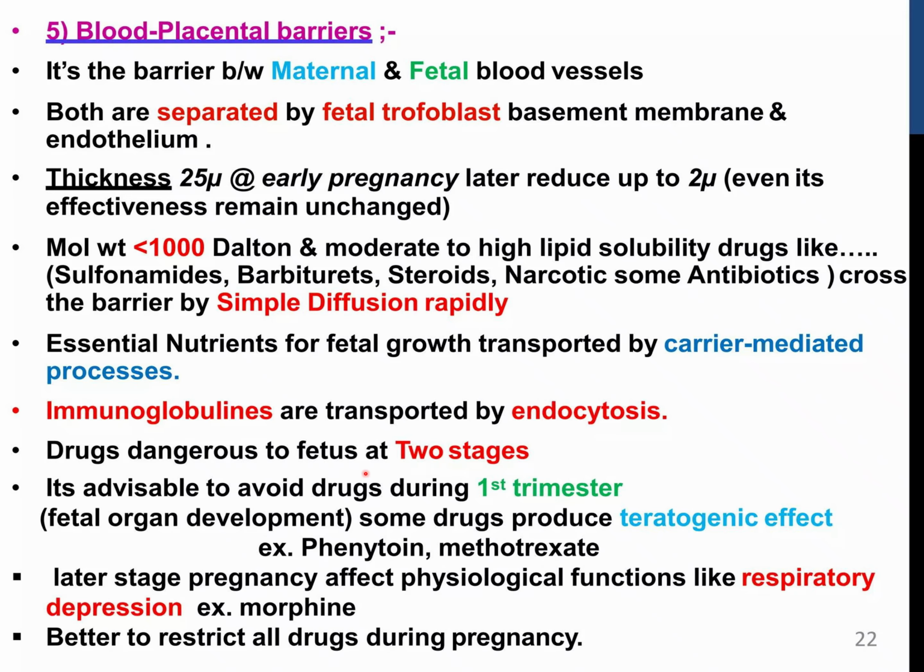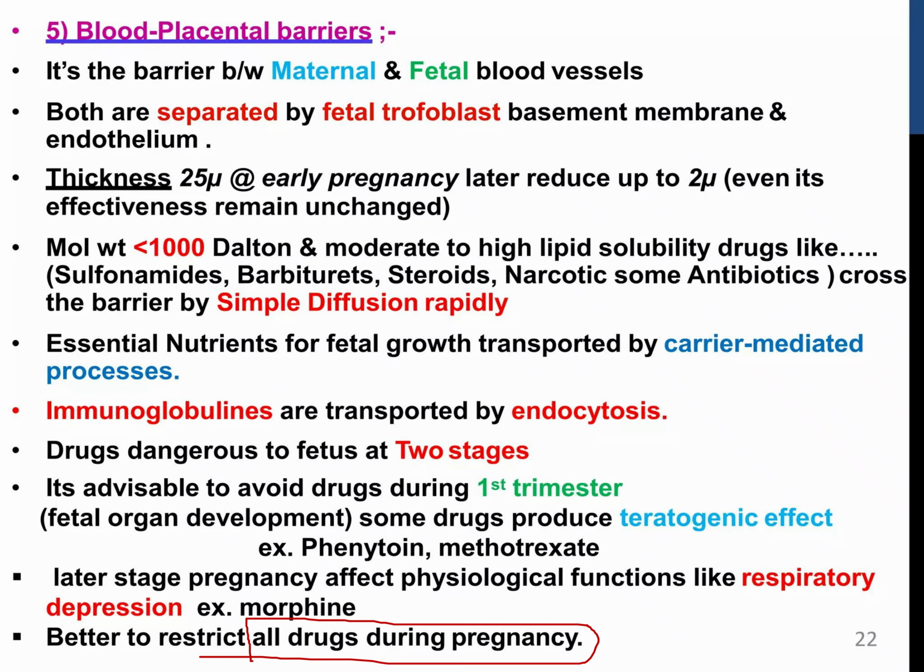Drugs are dangerous to the fetus at 2 stages. It is advisable to avoid drugs during the first trimester because major organogenesis or organ formation happens at this time. Some drugs can produce teratogenic effects, like phenytoin and methotrexate. In later stages of pregnancy, drugs affect physiological function, like respiratory depression from morphine. So it is better to restrict all drugs during pregnancy.